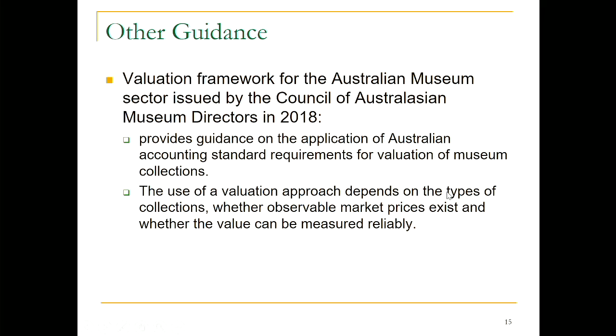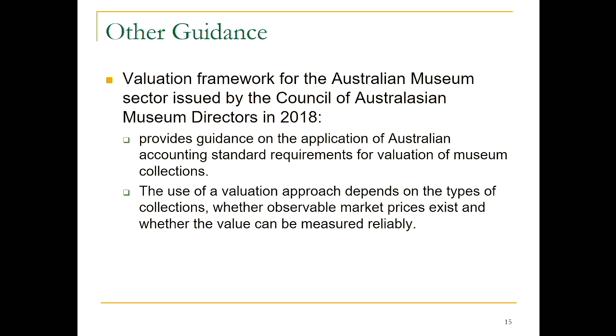The suggestion is to identify the types of collection. There might be different categories of collections. One of the categories is those very highly sensitive collections, those that are considered priceless, and those without a market or observable market. In that case, those collections may not be recognized, or may not be measured.